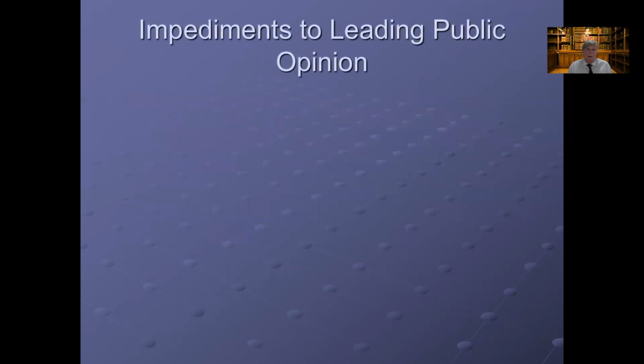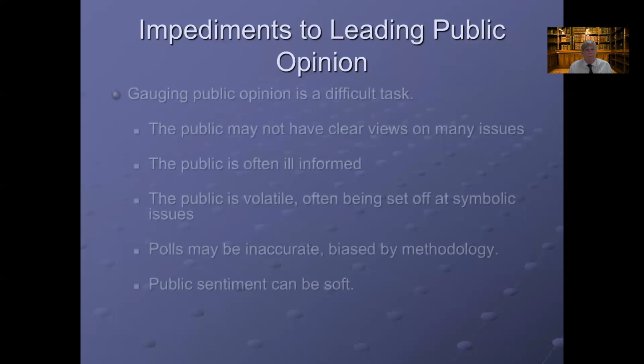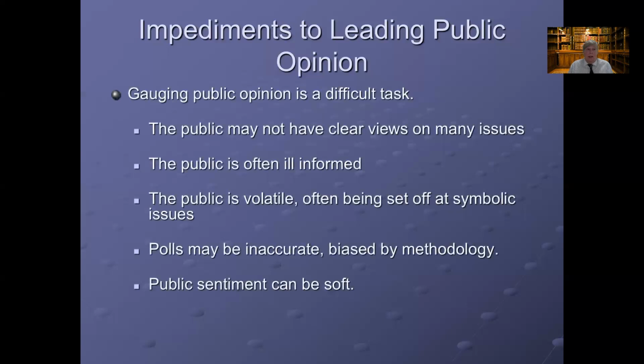There are things standing in the way of leading public opinion from the standpoint of the presidency. First, gauging public opinion is quite difficult. In order to know what public opinion is, you need to get past these obstacles. The public may not have clear views on many issues.